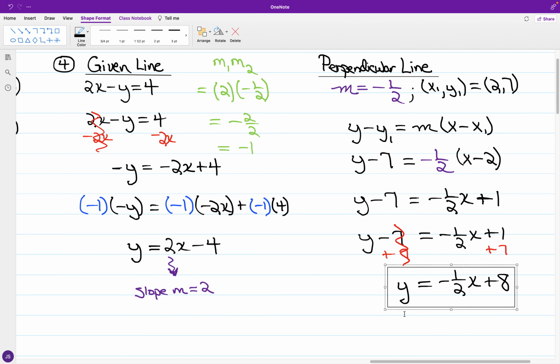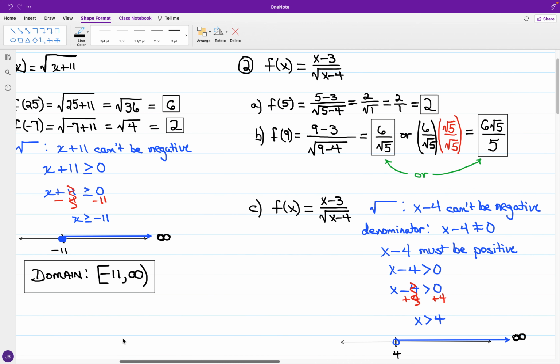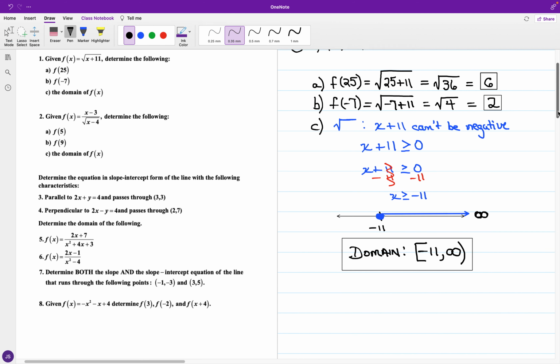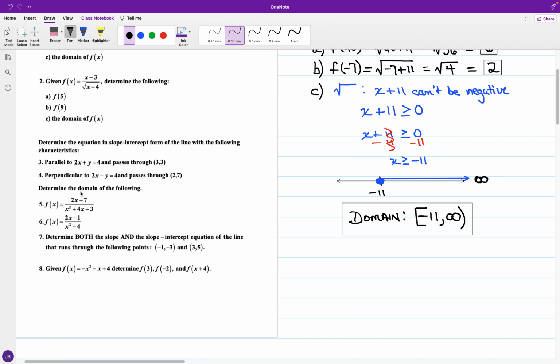Now, moving on to number 5, we're going back to looking at domain, and with 5 and 6 we have rational functions. For number 5, you have f of x is equal to 2x plus 7 all over x squared plus 4x plus 3.